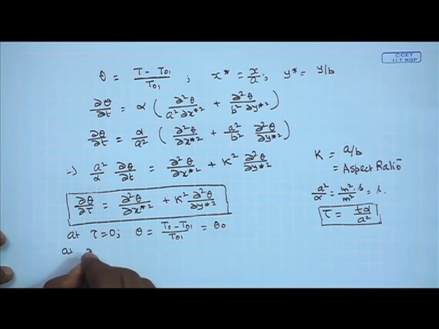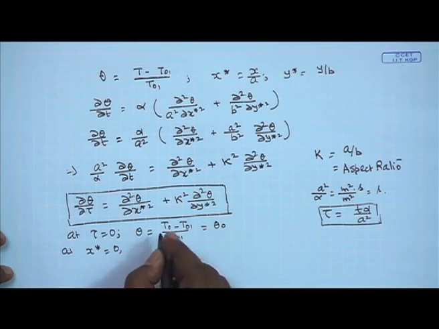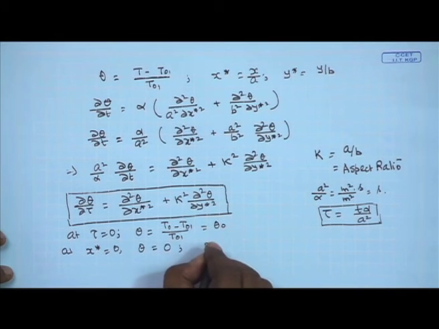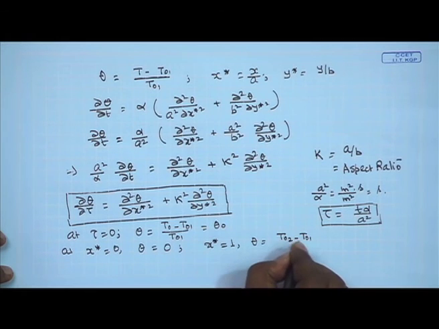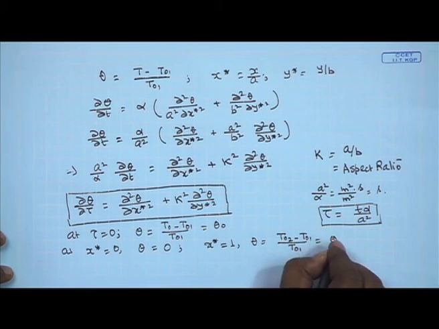At x is equal to 0, that means x star is equal to 0, T is equal to T01, so theta is equal to 0. At x is equal to a, that means x star is equal to 1, T is equal to T02, so theta is T02 minus T01 divided by T01. This will be theta 1.